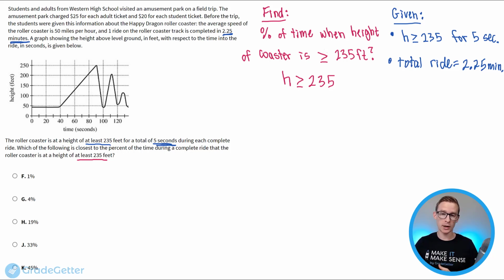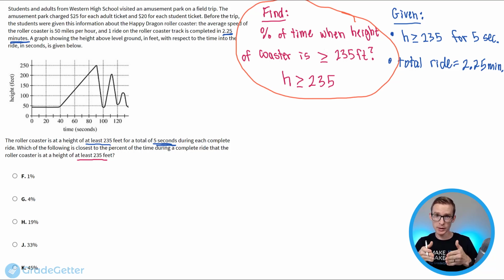You don't have to write down all of the given information, but you should be at least underlining or highlighting what information is helpful for this particular problem. And honestly, I also would really recommend, at least on these long word problems, writing down what you're supposed to find. That really won't cost you too much time, and it helps you really focus in on what you're looking for in this particular problem. So I think it's worth writing down what you're supposed to find, and I think it will actually save you time in the long run.